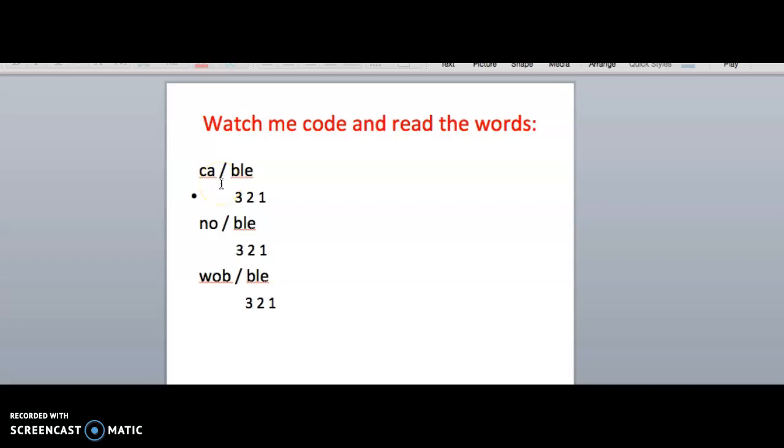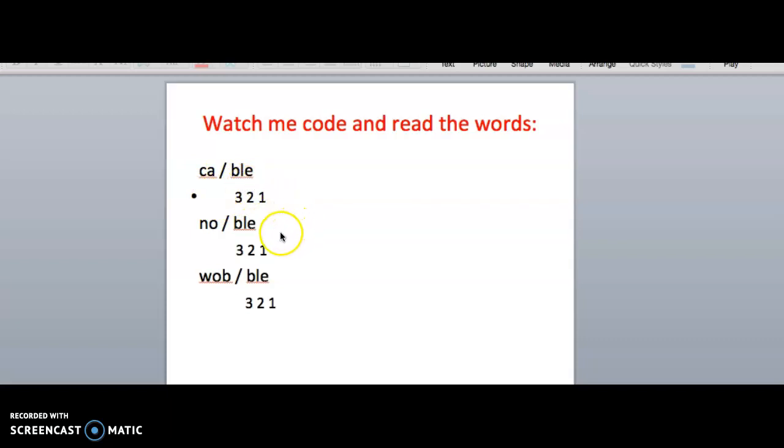Now my word has 2 parts. I see here my A is a vowel and it's at the end. When my vowel is at the end of a word, it is open and it says its name. So I know my A is going to say A, and I read it ka, and I go to the next part of the word, and I know my E is silent, so I read bull, and I put it together, cable.